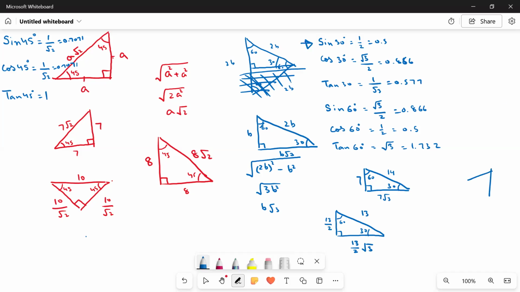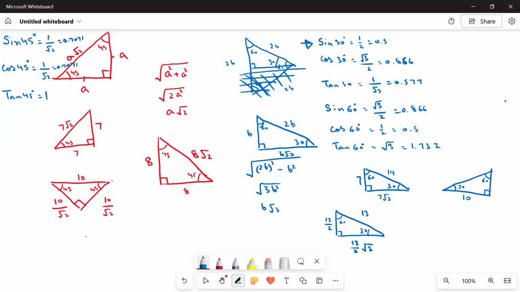Okay, one more example. Let's say I come across this triangle, this is 90 and this is 60, and this is 10. Opposite to 60 is 10, right? If this is 60, this is 90, this must be 30 degrees, right? Now if this is 10, how would you find the side opposite of 30 degrees?